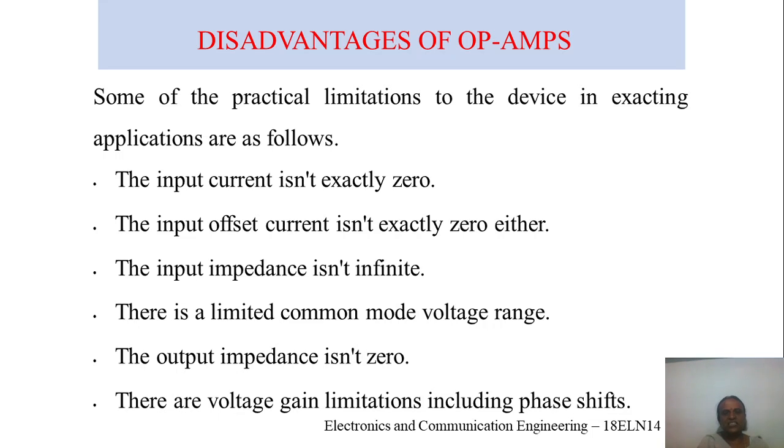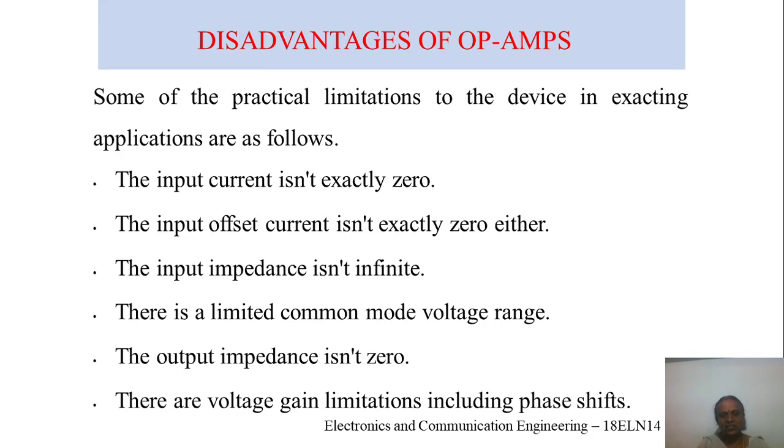What exactly are the limitations? The input current is not exactly zero. The input offset current also is not exactly zero. The input impedance is not exactly infinite. There is a limited common mode voltage range. The output impedance isn't exactly zero.